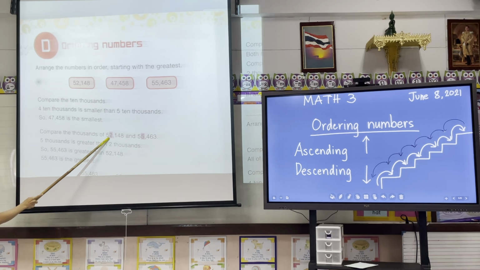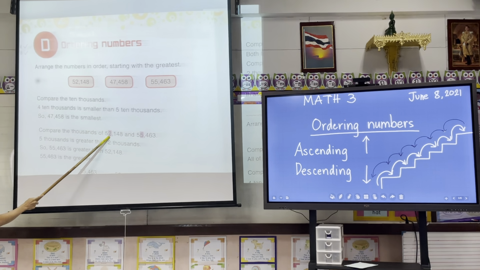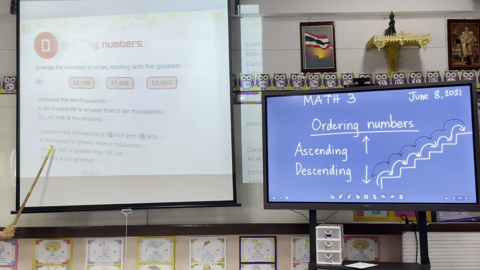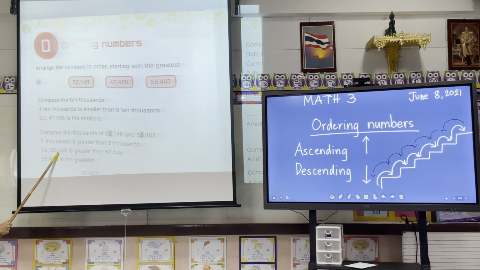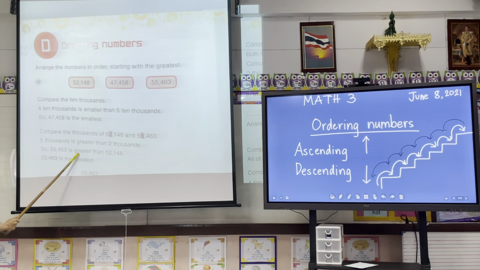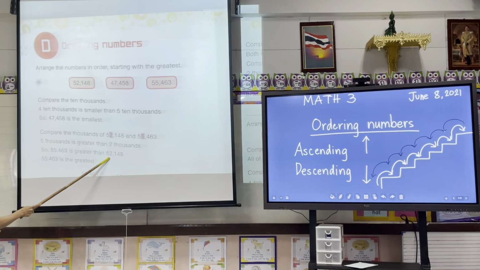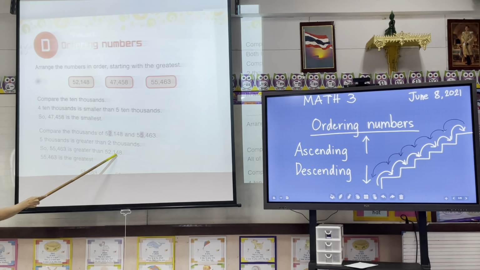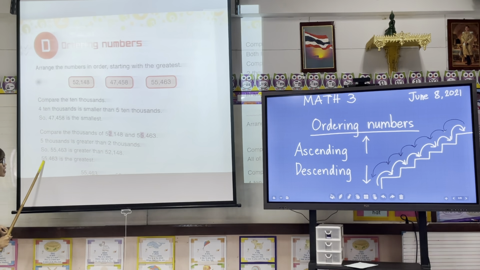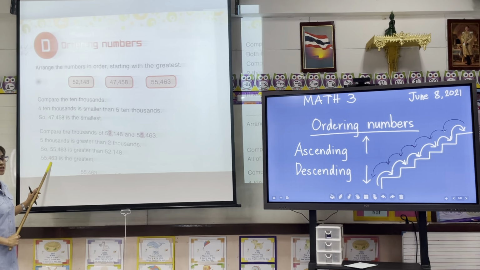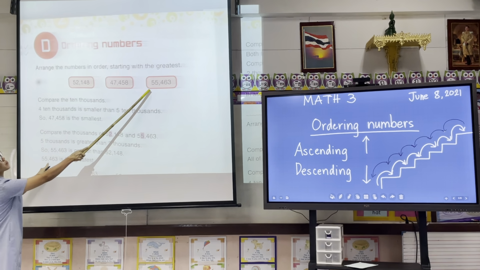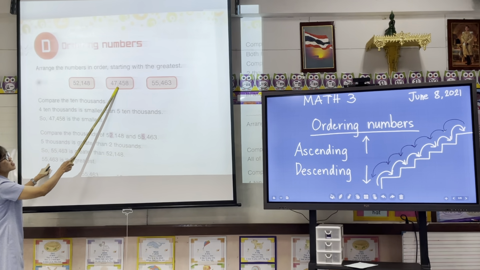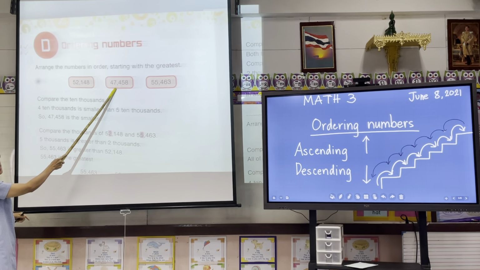Of course, 5 is greater than 2. So 55,463 is greater than 52,148. So meaning to say, 55,463 is the greatest. So this number is the greatest, and this number is the smallest.